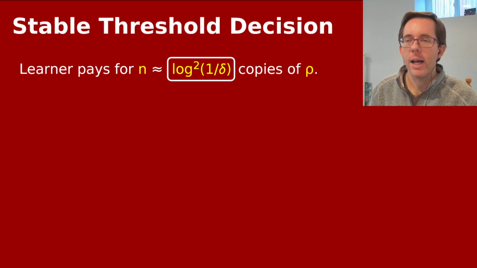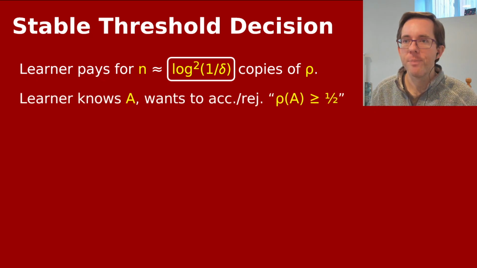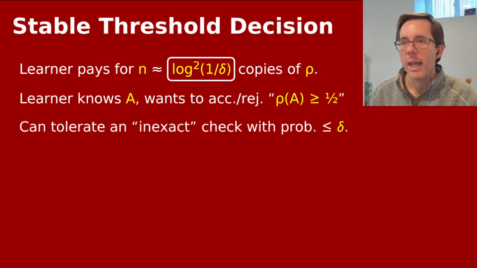Here, a learner is going to pay for log squared 1 over delta copies of rho. And the learner has some particular observable A that it knows, and it wants to accept or reject the statement that rho of A, the probability of A under rho, is bigger than the fixed amount 1/2. And you're willing to tolerate an inexact check.